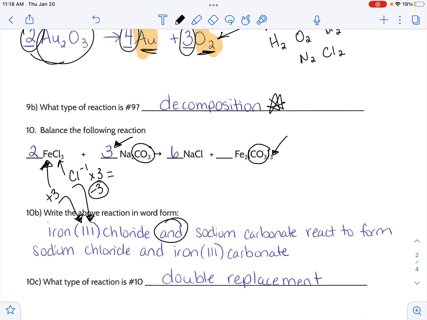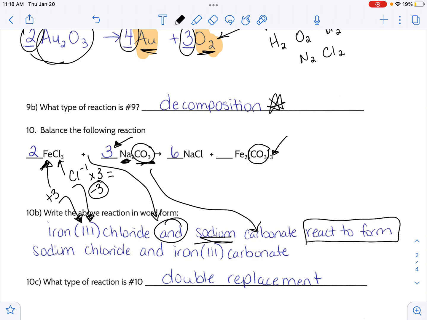Then we can say and for the plus sign. Sodium is Na. And then we just name our polyatomic ion for carbonate. And then right here for the arrow, we could also say makes, we could say yields, we could say produces, anything that's going to transition us to our products.